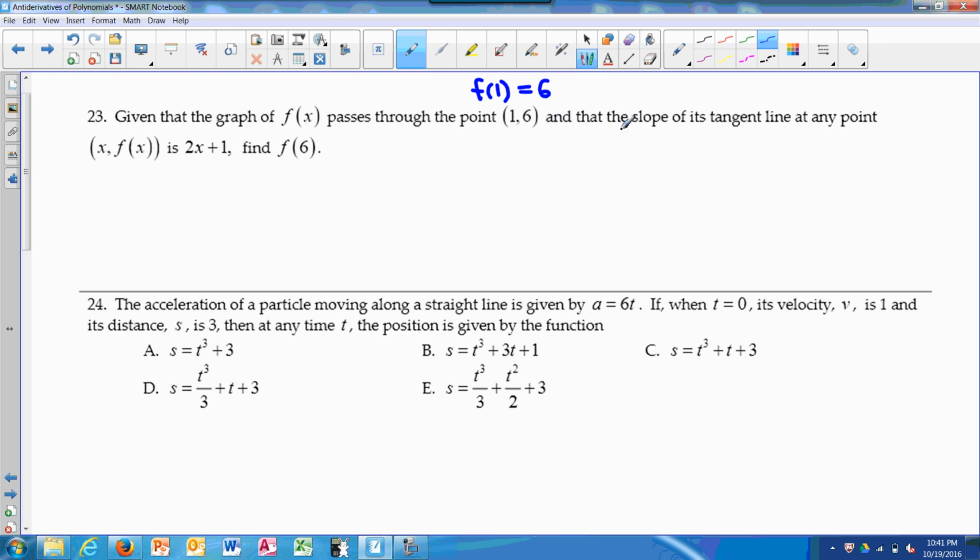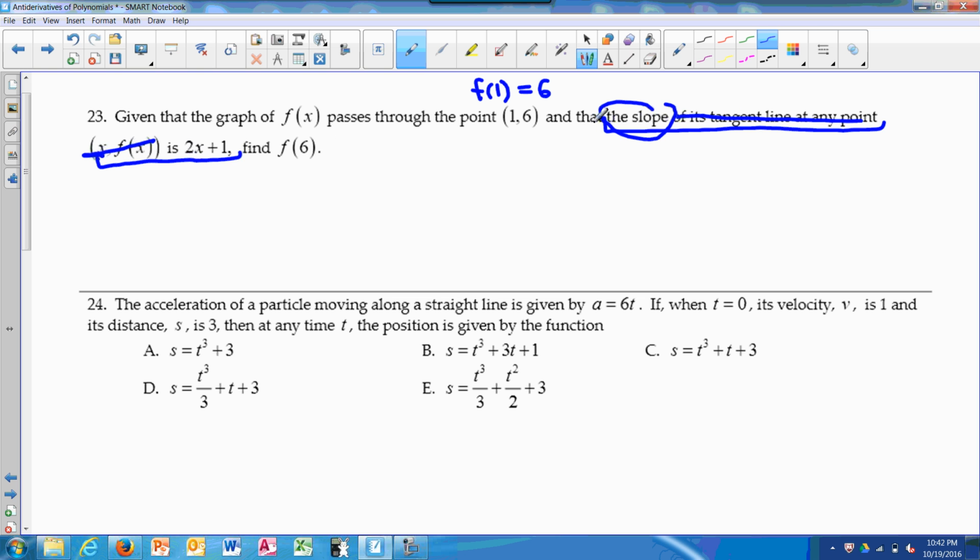And that the slope of its tangent line at any point is 2x plus 1. Okay, so this is not the function f of x. The slope of its tangent line at any point called f of x, that's a prepositional phrase.